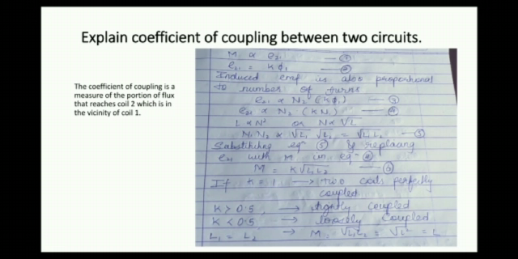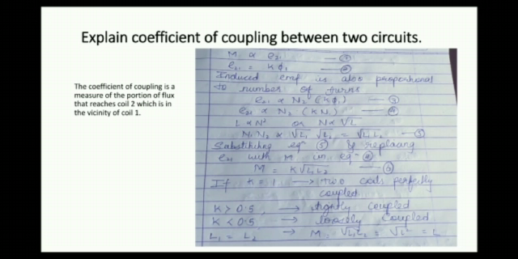This is equally true for mutual inductance, M being directly proportional to E21, equation 1, where E21 is induced EMF developed in the coil 2 due to the portion of the flux from the coil 1 reaching the coil 2. We have induced EMF E21 equals K into phi 1, that is equation number 2.